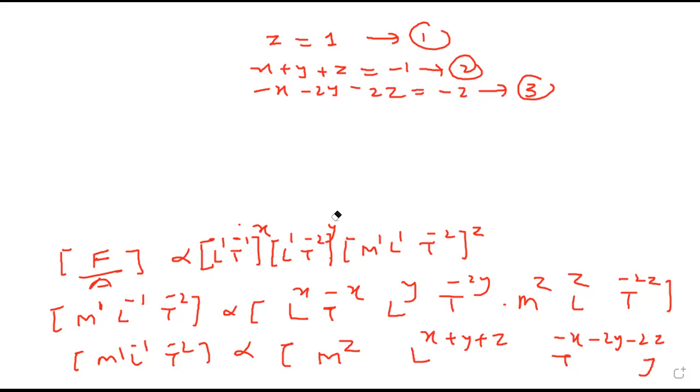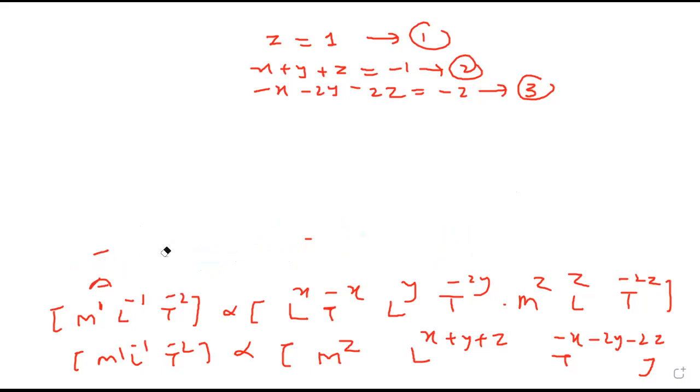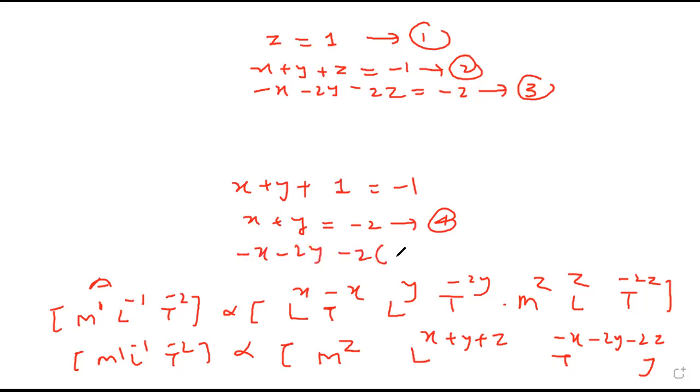I'm substituting the z value in equations 2 and 3 so that I get the answer in terms of x and y. x plus y plus z, with z equal to 1, equals minus 1. x plus y minus 1 is minus 2. Then minus x minus 2y minus 2z, with z equal to 1, equals minus 2.